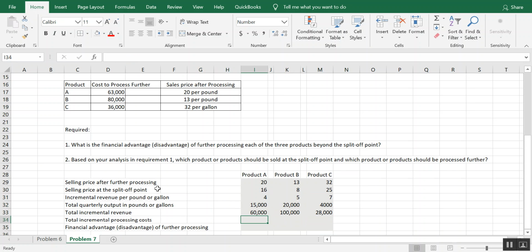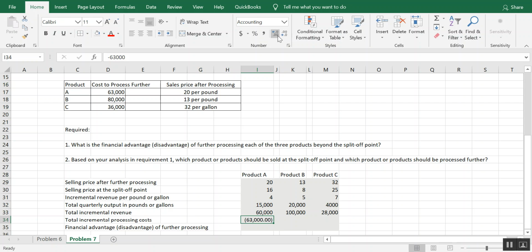Okay, we're almost done, but now we need to compare this additional revenue with the incremental processing costs, in other words, the cost that we're going to incur if we process beyond the split off point. Because of this, these are going to be negative numbers. So we have a negative 63,000 for product A right here, and I'm going to put that in the accounting format.